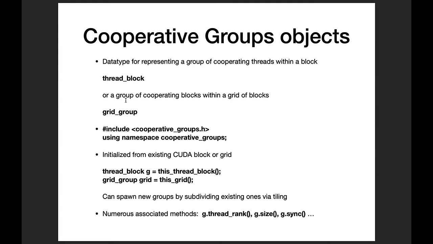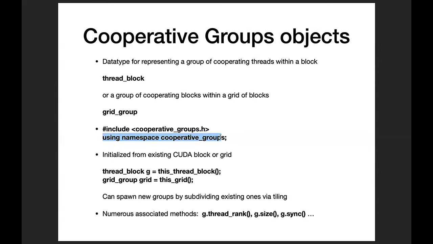And similarly, there's a data type called grid group. This describes a grid of blocks, either the entire grid, meaning all the blocks involved in the kernel, or a subset. Now, to make this work in your code, you have to add an include file, cooperative_groups.h, and you have to be using a namespace for cooperative groups. And also in practice, when you're compiling the code, you have to provide some flags.